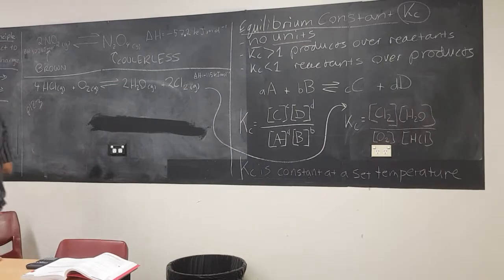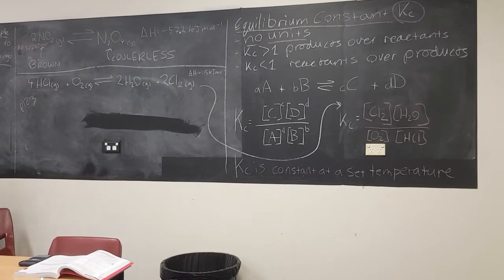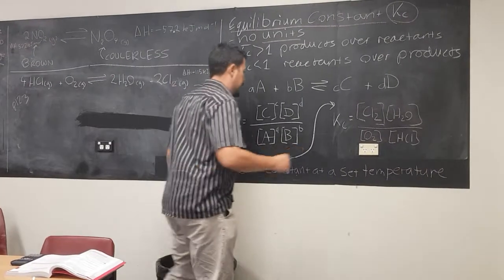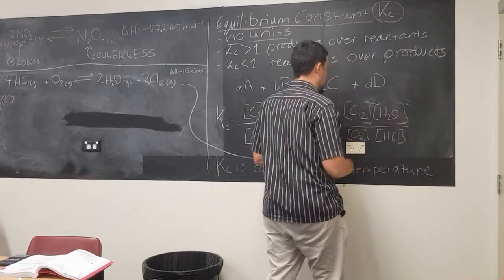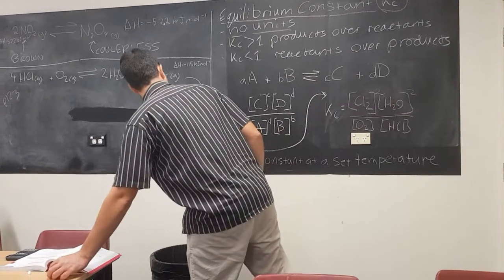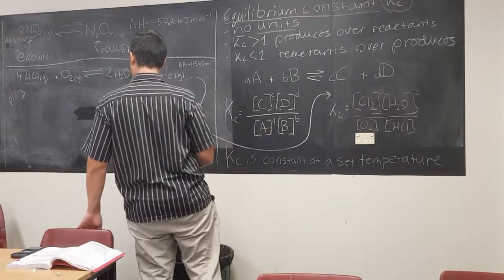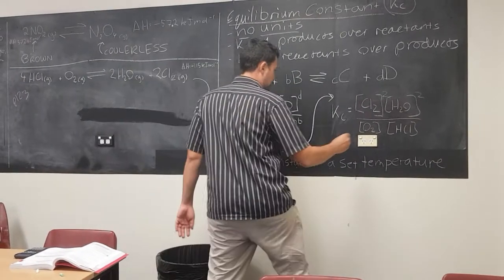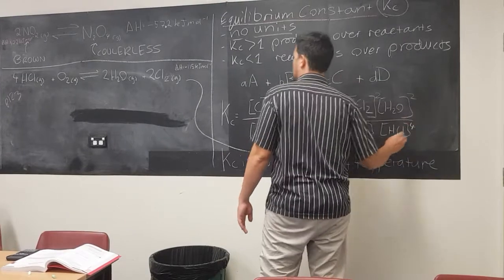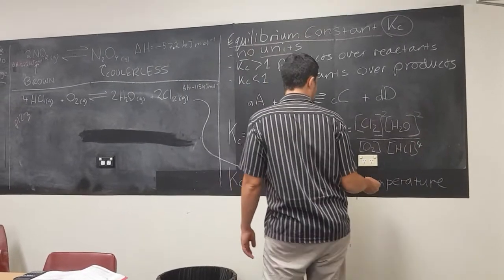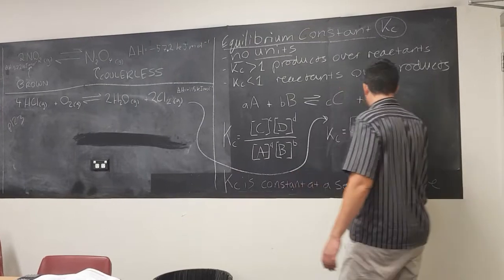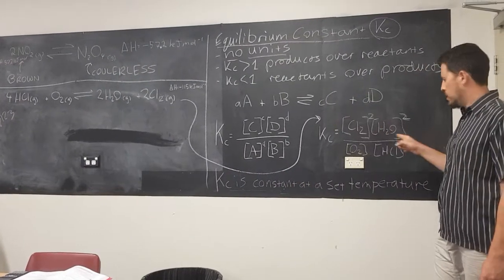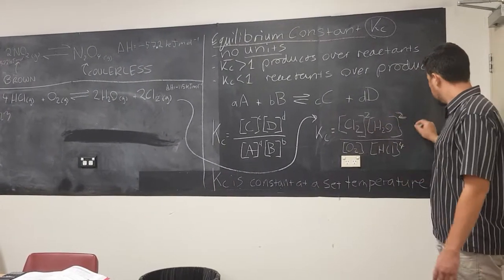Now we look at the coefficients. In front of water and chlorine gas we've got 2's, and in front of the HCl there's a 4. And in front of the O2 there's nothing. So whatever the concentrations are for chlorine and water, we're going to square them and then multiply them together, and that'll be the top.